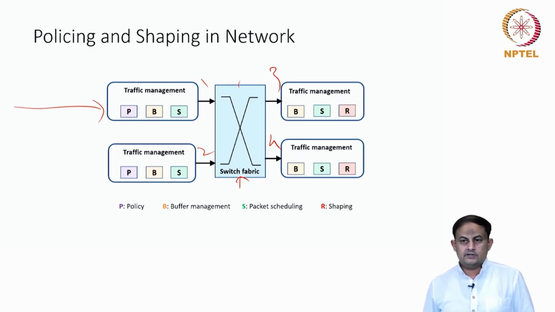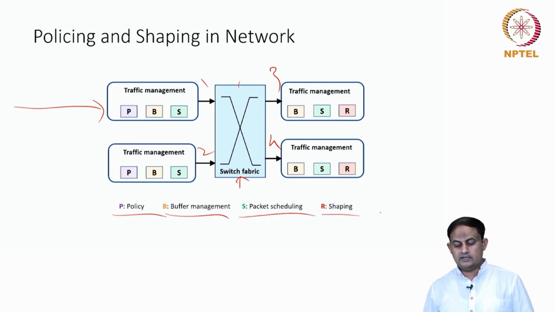What this picture is showing is what kind of traffic management components are sitting at the input line card, and what kind of operations are done at the output port. Here is the notation: P stands for policing, B stands for buffer management, S stands for scheduling, and R stands for shaping.